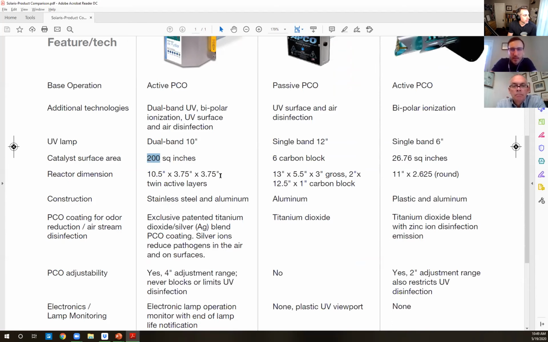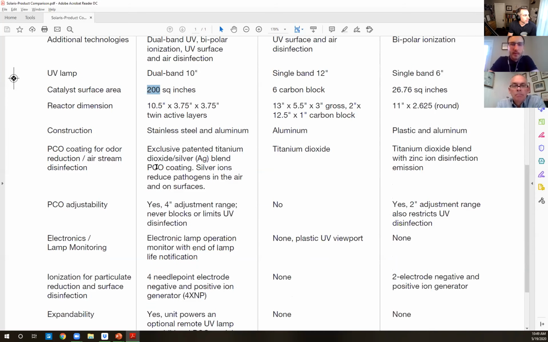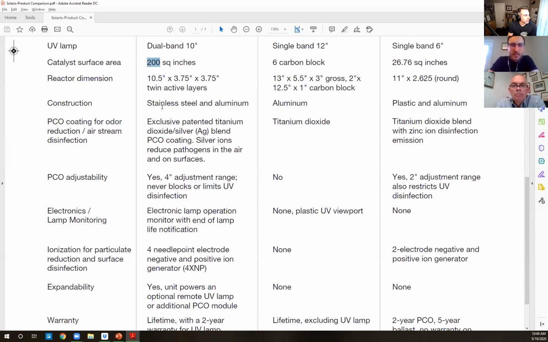Construction is a big deal when it comes to any product. Our construction is stainless steel and aluminum, theirs is plastic and aluminum. So obviously when working with any type of product, it's better to have a better construction. As far as PCO goes, for odor reduction and airstream disinfection, we use an exclusive patented titanium dioxide silver Ag blend PCO coating.